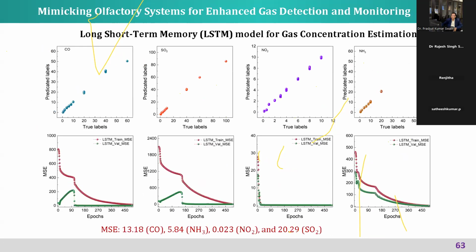This is the long short-term memory model, where you pass pulses of gases, of short duration and long duration. By analyzing this response, one can find out how good the sensor can be for the identification of a mixture of gases. That is the interest. This is called a long short-term memory model.